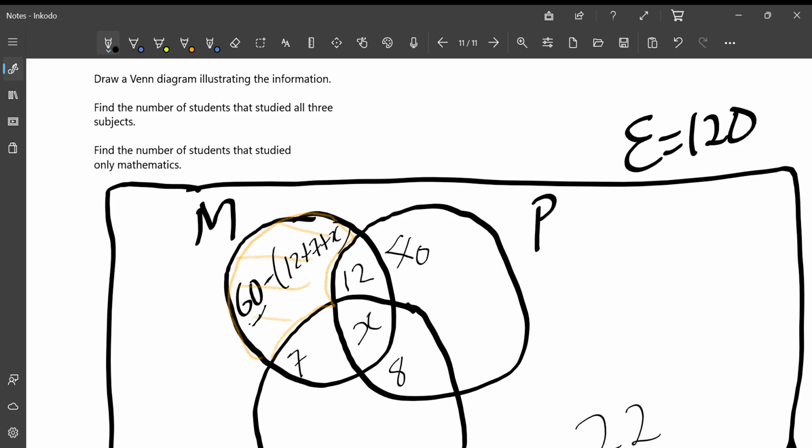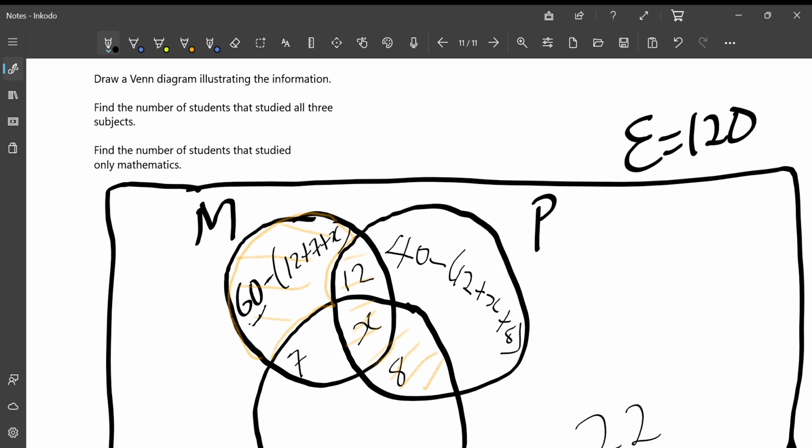All right. So I'm going to apply the same thing for this physics side. If I want to know how many students did only physics, I would also do what? I would also minus this size I'm shading. So I'm going to have 40 minus (12 plus X plus 8). I hope you know why I put it in bracket. If you open this bracket, you have 40 minus 12 minus X minus 8 without bracket.